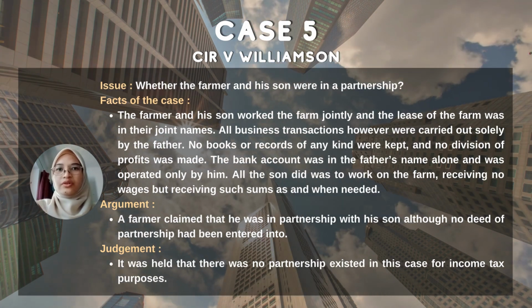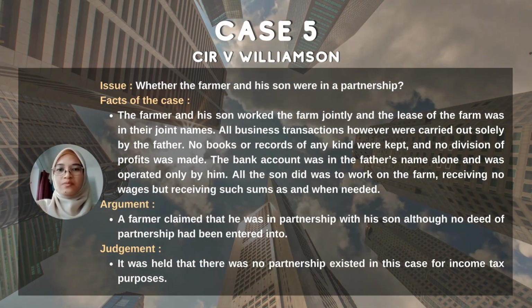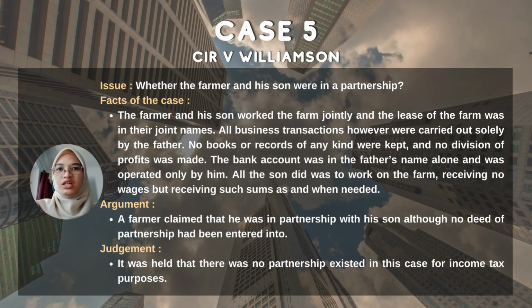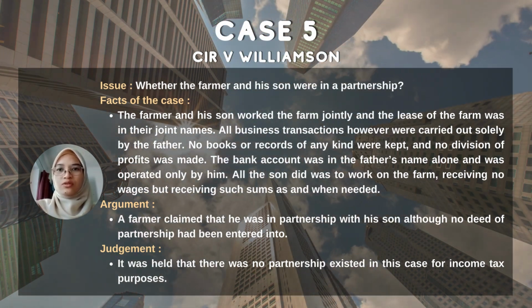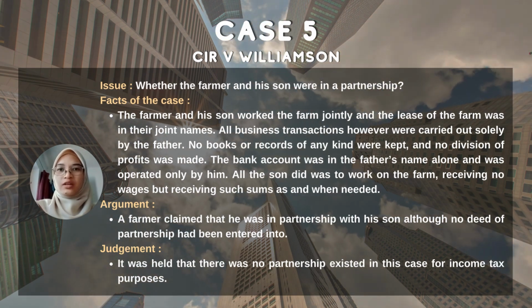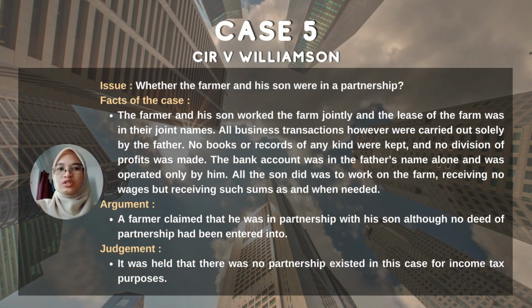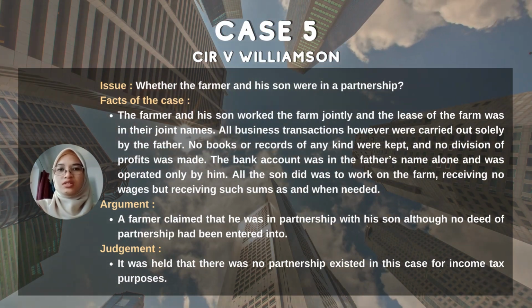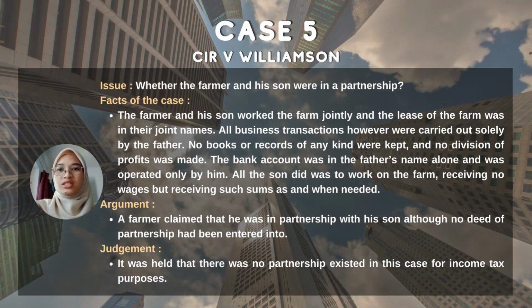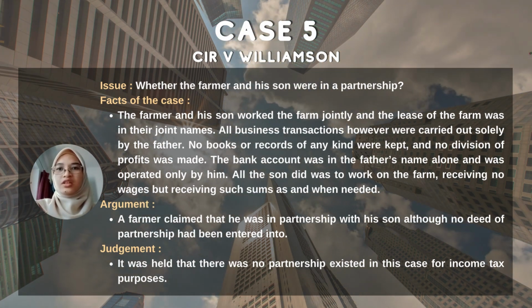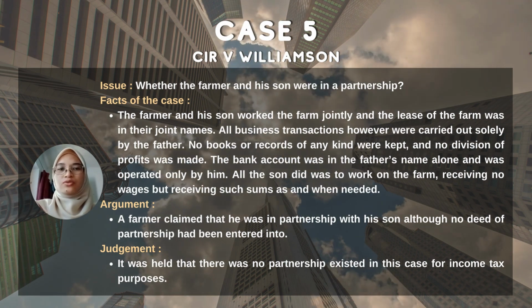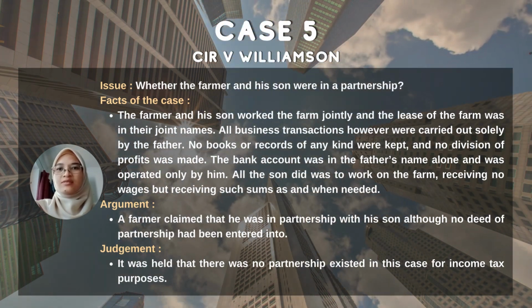No books or records of any kind were kept, and no division of profits was made. The bank account was in the father's name alone and was only operated by him. All the sons did was to work on the farm, receiving no wages but receiving such sums as and when he needed. The farmer claimed that he was in a partnership with his sons, although no deed of partnership had been entered into.